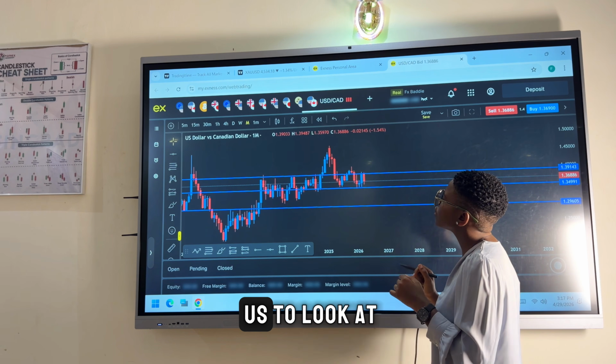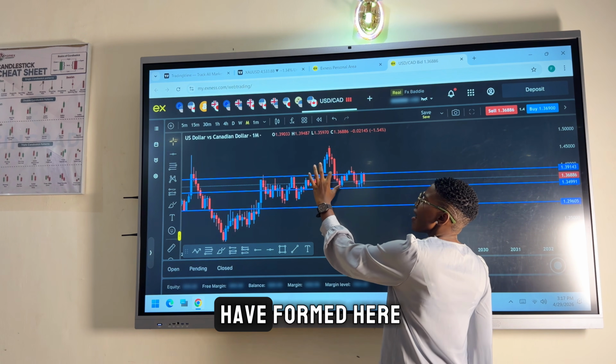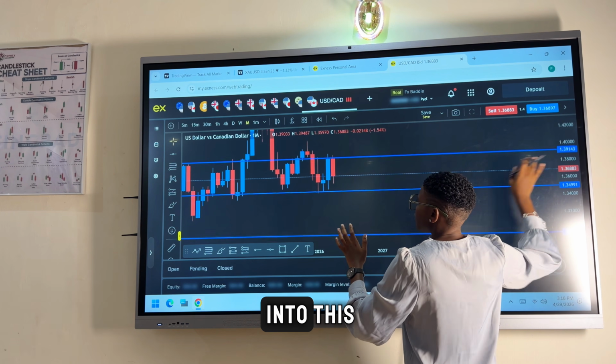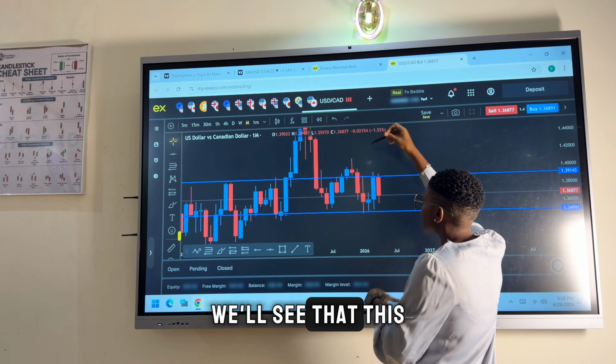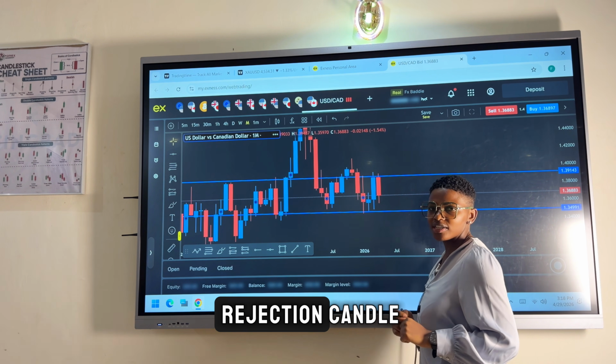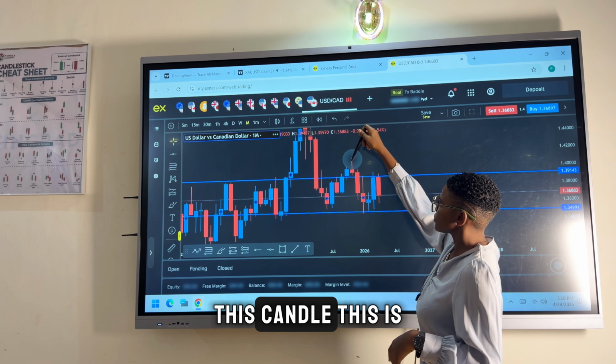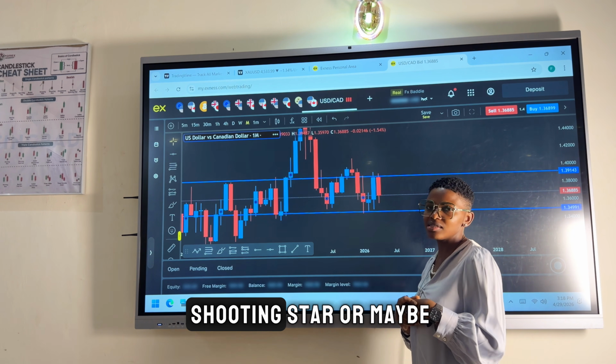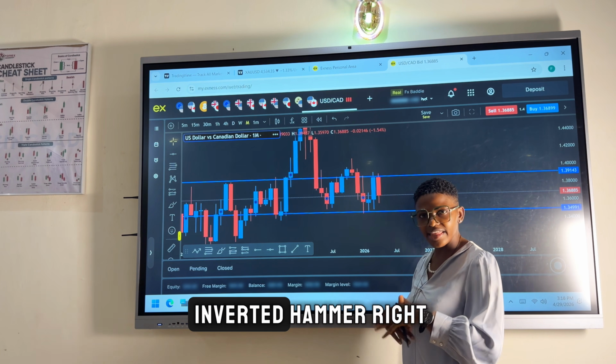Now what I want us to look at is the way candles have formed here. If we zoom into this, we'll see that this candle here is a rejection candle. This is a rejection candle. It's almost like a shooting star or maybe an inverted hammer, right?